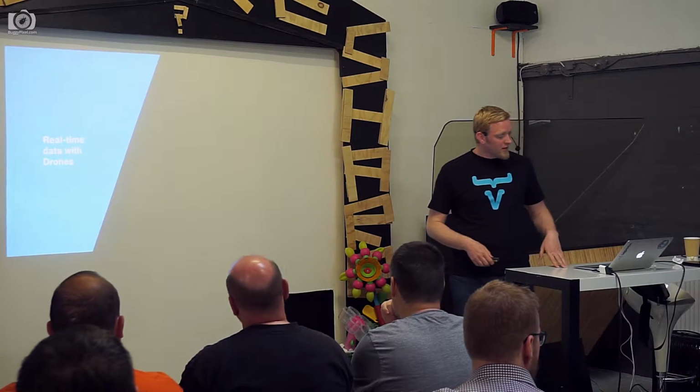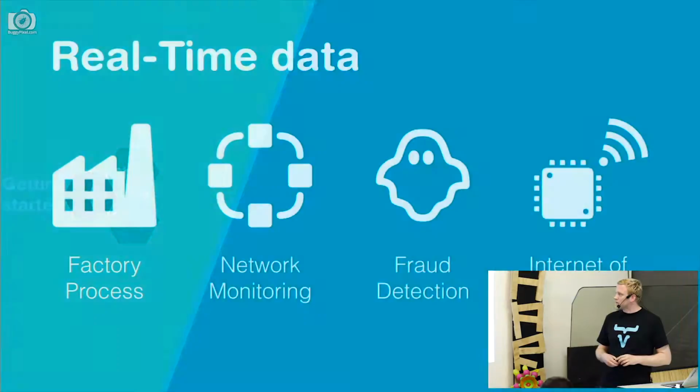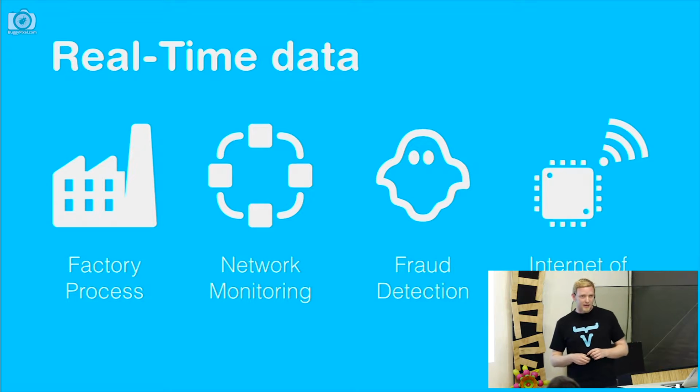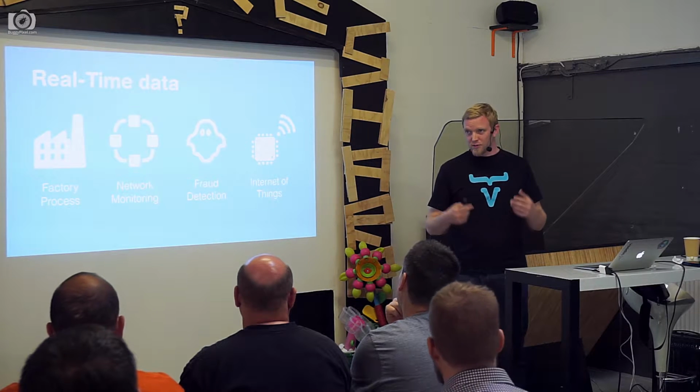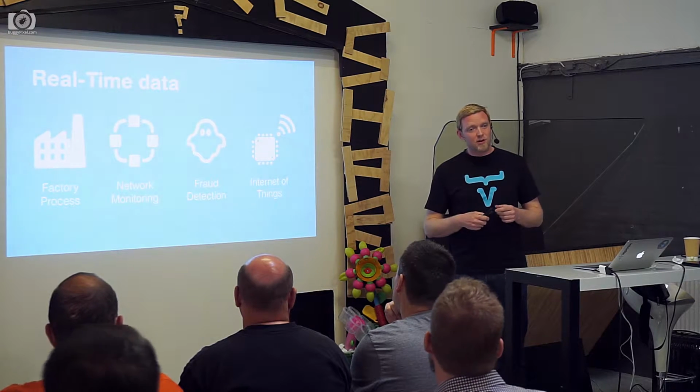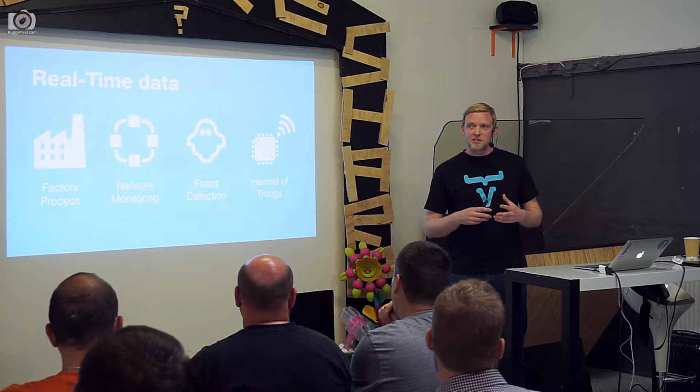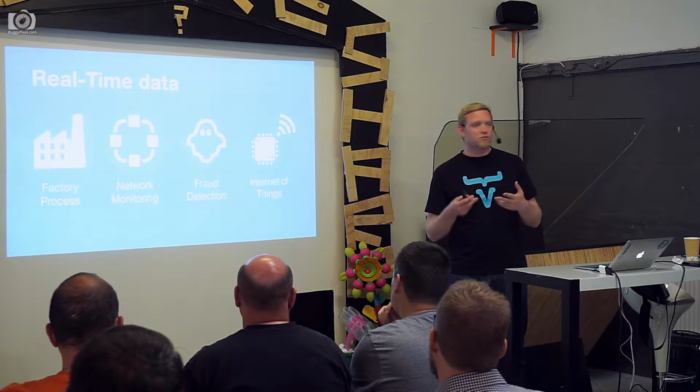All right. So let's start with the real-time data first. What is real-time data, of course? There are different ways to put it. Some processes you want to monitor, or you've got some sensors, you want to detect fraud. The common thing is that you have some kind of a source of data.